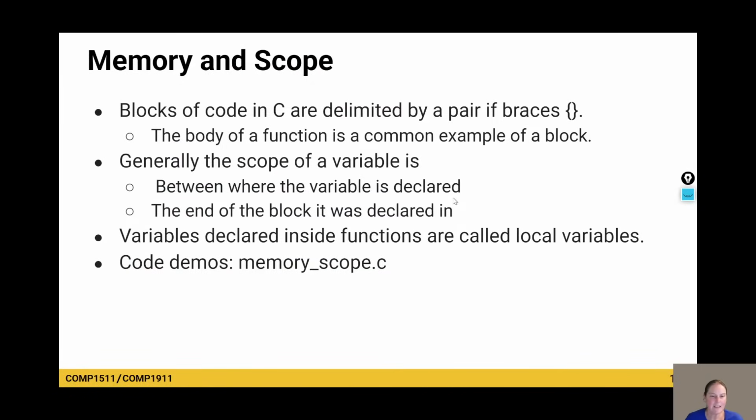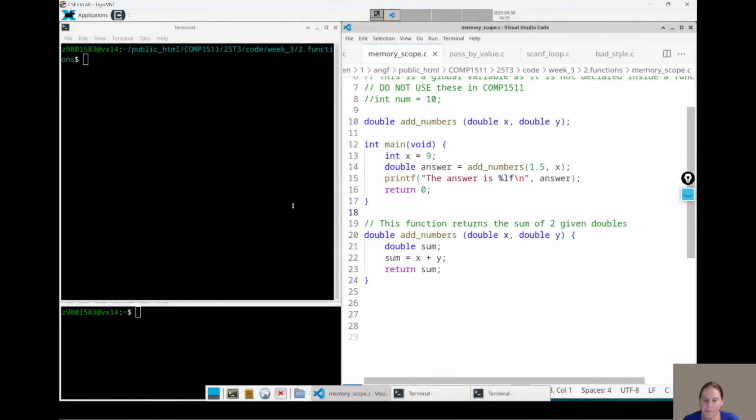All right, now the next thing I wanted to talk about is the difference between local and global variables. So in C, we've got these open and closed curly brackets, and the code inside that we call a block. So let's have a look over here. We've got this open and closed bracket. All of this code inside is called a block.